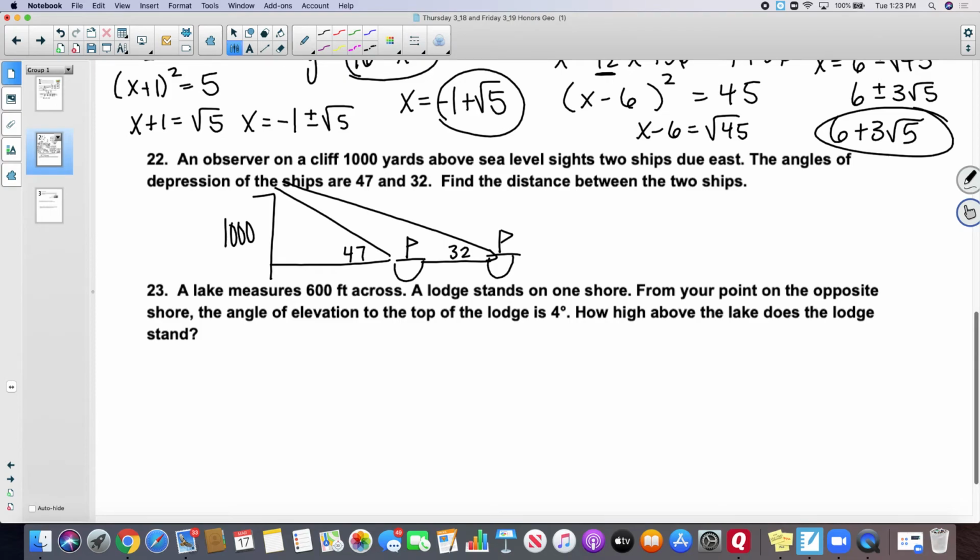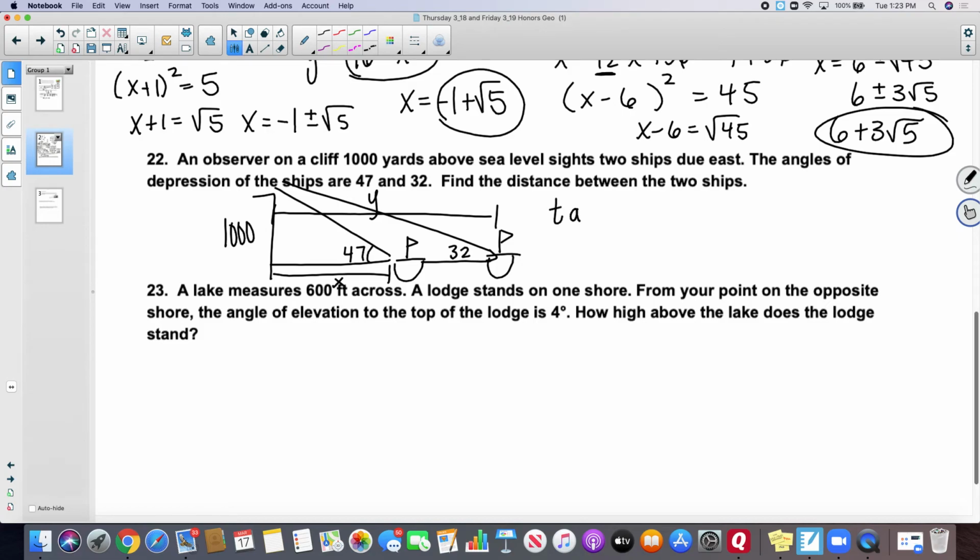So what you're going to do is you're going to use trig to find the distance from here to here, like to find x. And then you're going to use trig to find the distance from like here to here. And I would make that y. And then we would subtract them. Okay? So if I'm using this right here, this is opposite over adjacent.